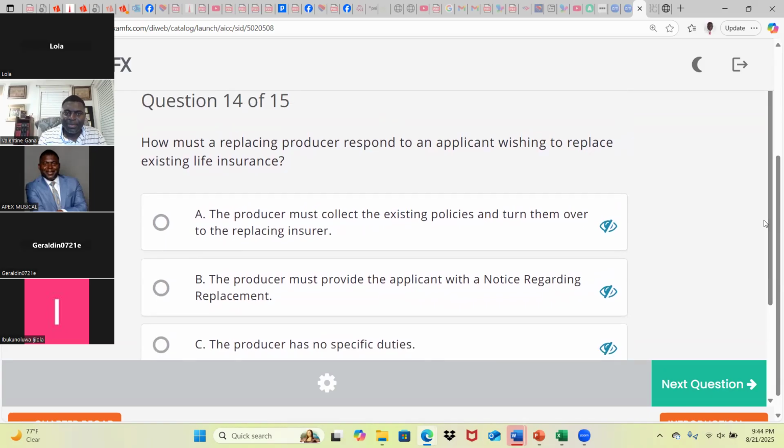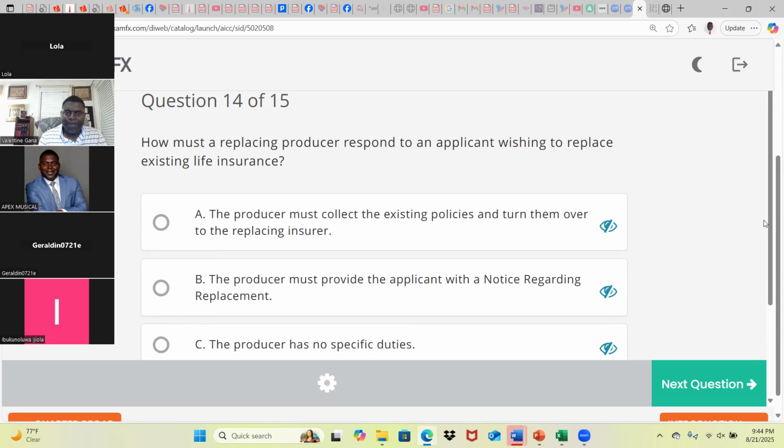Miss Geraldine, can you read this one? How must a replacing producer respond to an applicant wishing to replace existing life insurance? A, the producer must collect the existing policy and turn them over to the replacing insurer. B, the producer must provide the applicant with a notice regarding replacement.